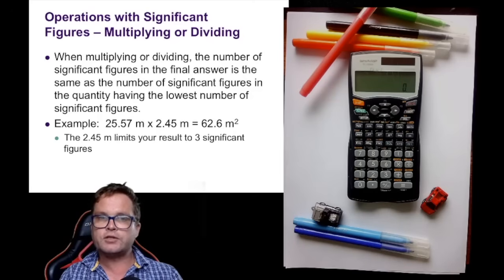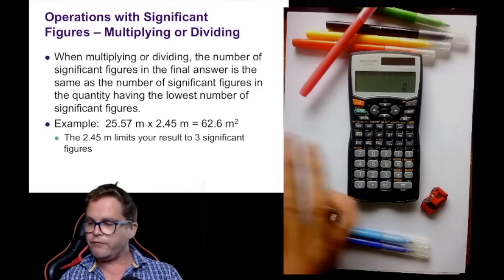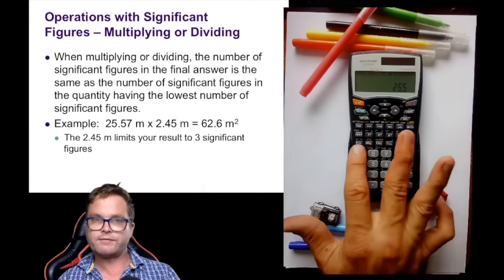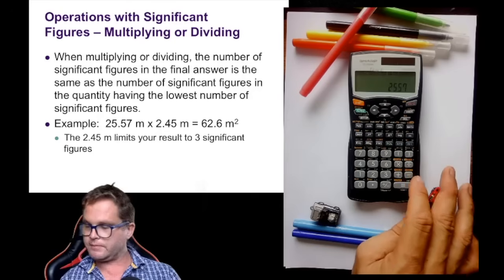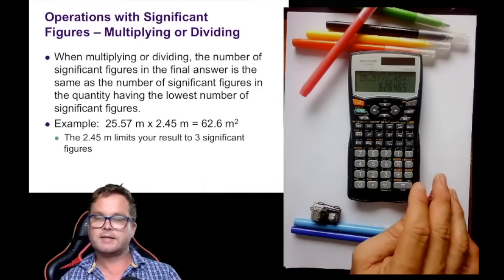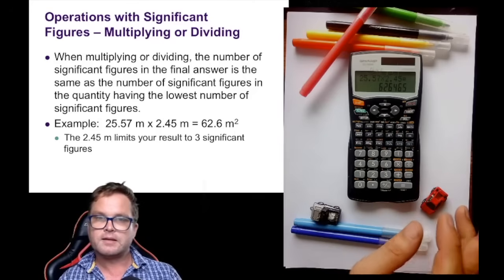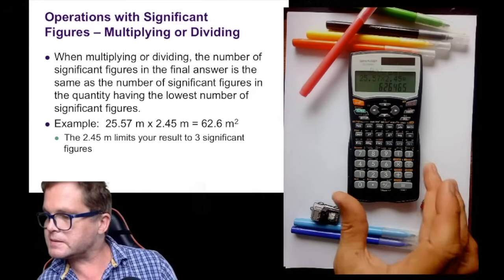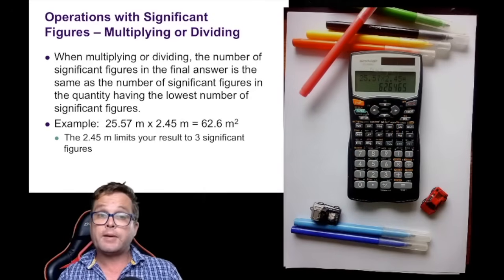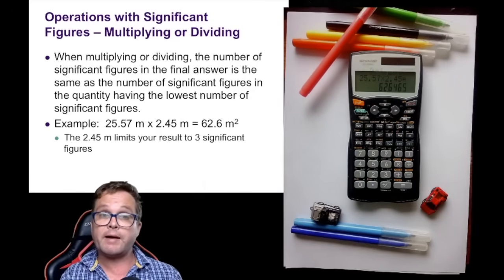So here we have two numbers that we're going to be multiplying together. If we multiply them out, it's 25.57 times 2.45, and this gives 62.6465. That's what my calculator says. But now I have to decide how many significant figures to write in my answer.